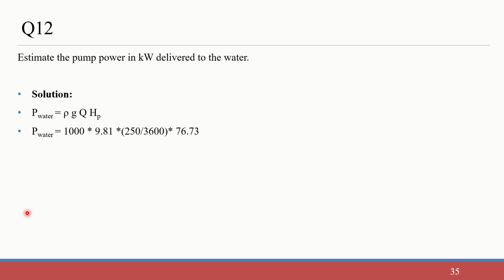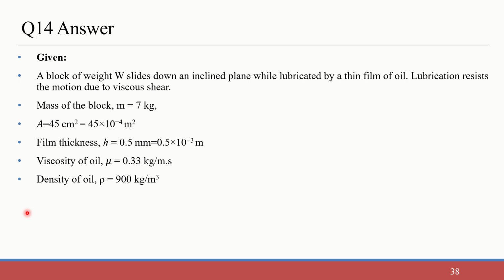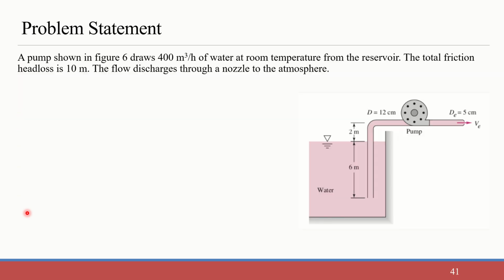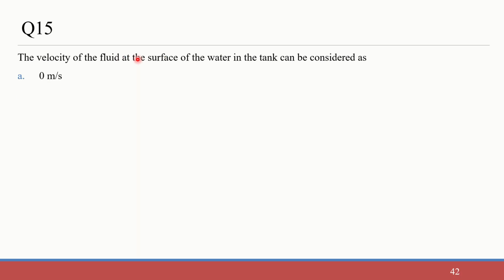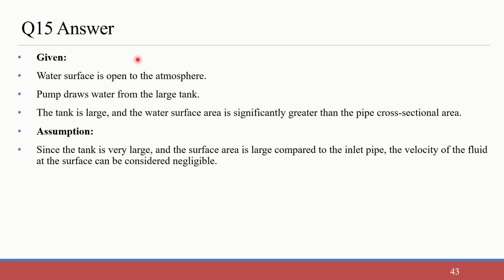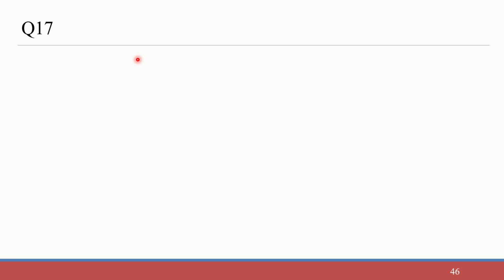And similarly in the last problem, that is the 18th question, we made a mistake over there as well. A pump shown in figure 6 draws 400 meter cube of water and the total friction head is given, and we are asked to find the pump head. It was in the 17th or 18th question.